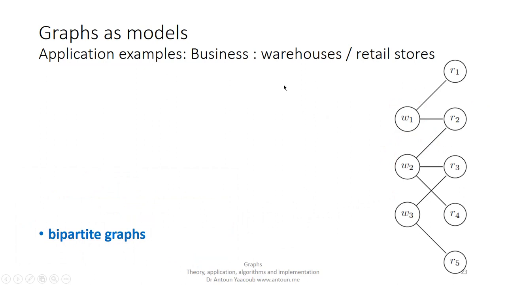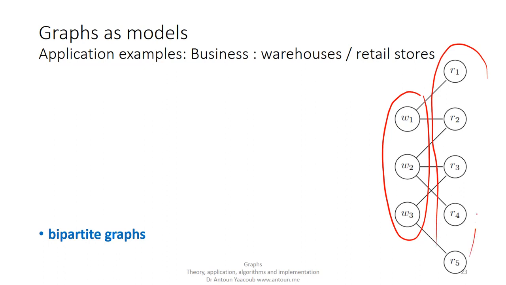So we will talk here about what a bipartite graph means. As you can see, we have two sets of vertices, the W's and the R's. Those three are not connected to each other, so they are disjoint, there is no overlapping, and those others are not connected either. We have two sets that are not connecting, so we call this type of graph a bipartite graph.